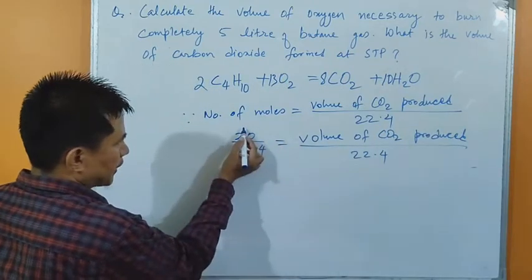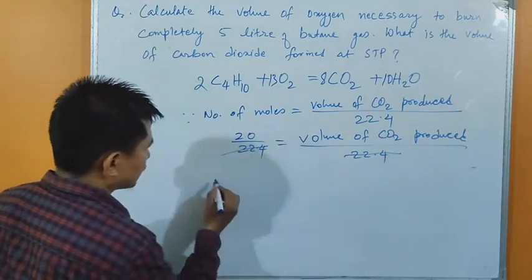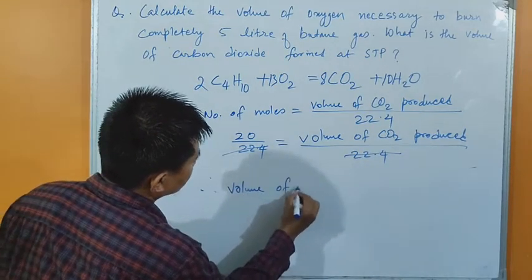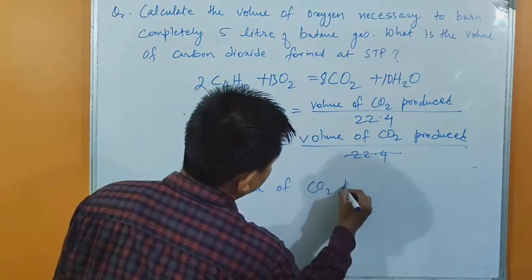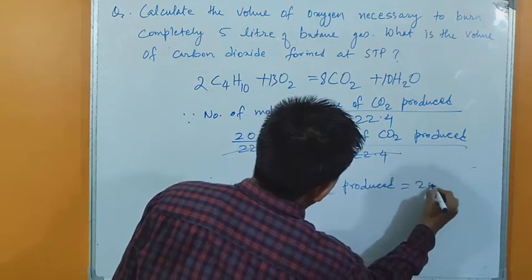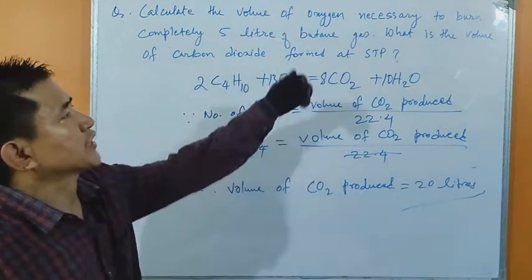This can be cross multiplied to the numerator on the left hand side, so you can cancel this and this here. Therefore, volume of CO2 produced equals 20 liters. This is the answer of the second part of the question.